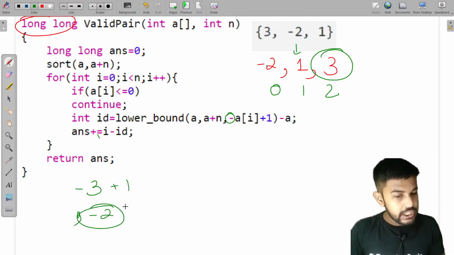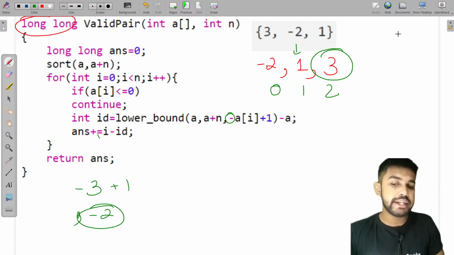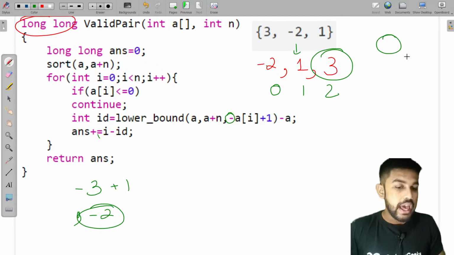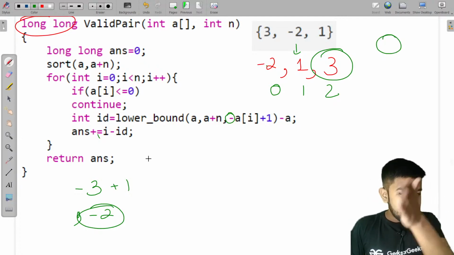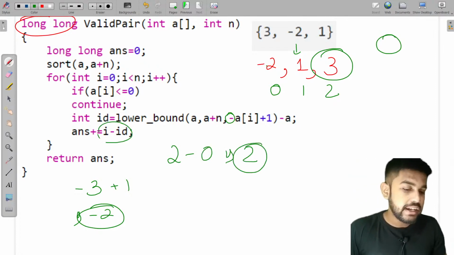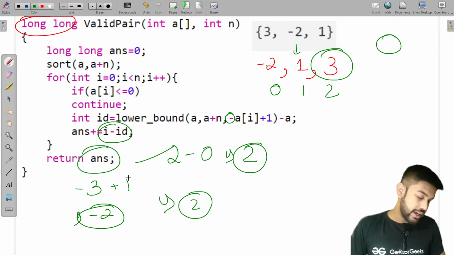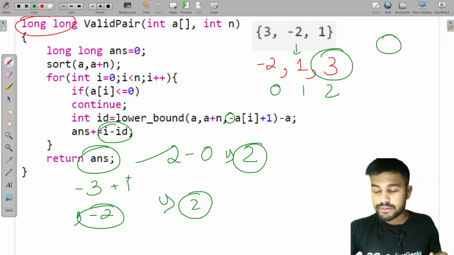We would search the value. If we search -2, it would return me the index 0. What is the current index? The current index is 2, so that would be 2 minus 0, that is 2. So we would add to our answer, and the final value would be 2 only, and we would be returning it. This is the whole dry run of our solution.